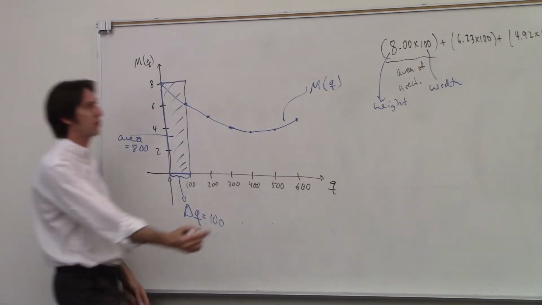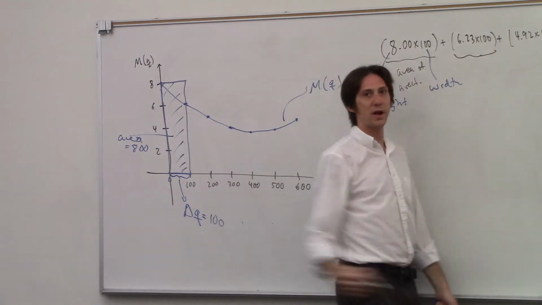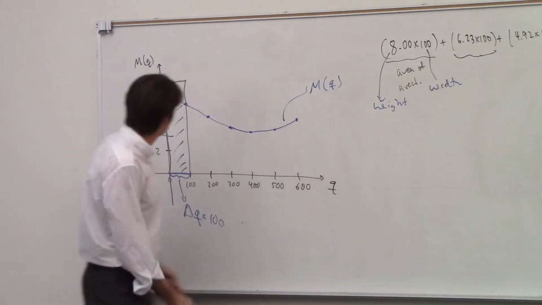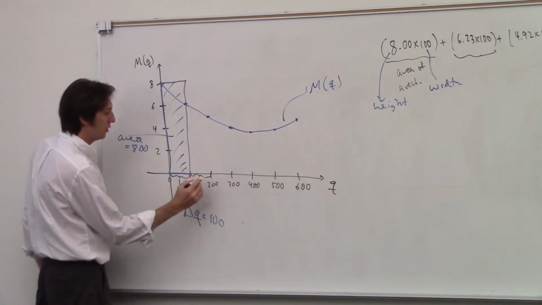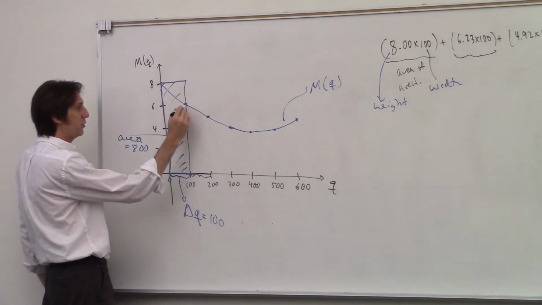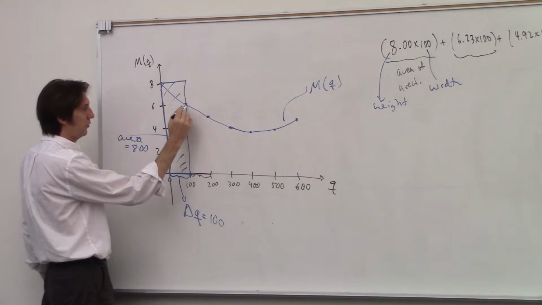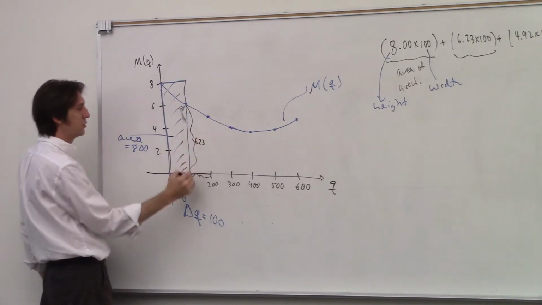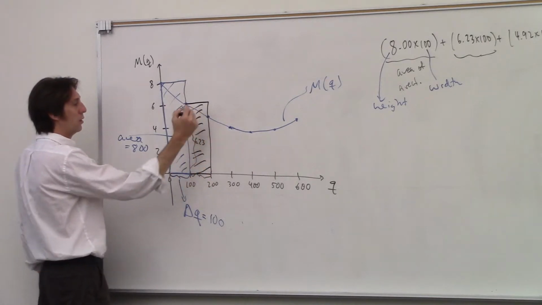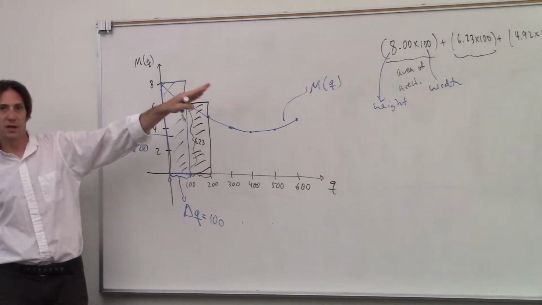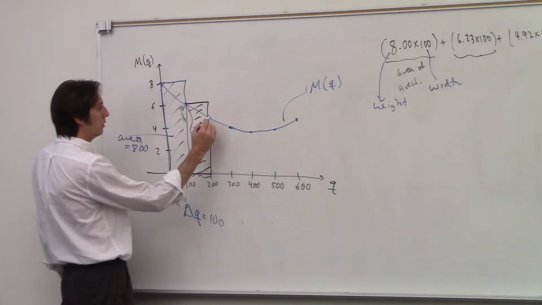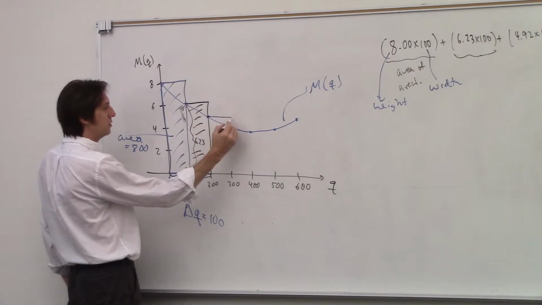The next term in the summation we can also think about as an area. The width is still 100, this time the height is 6.23. Here's width 100, from 100 to 200, and then a height of 6.23 is this height right here, up to the curve. So here's a second rectangle, whose area is exactly the second term in my summation. Likewise, this dot is at a height of 4.92.